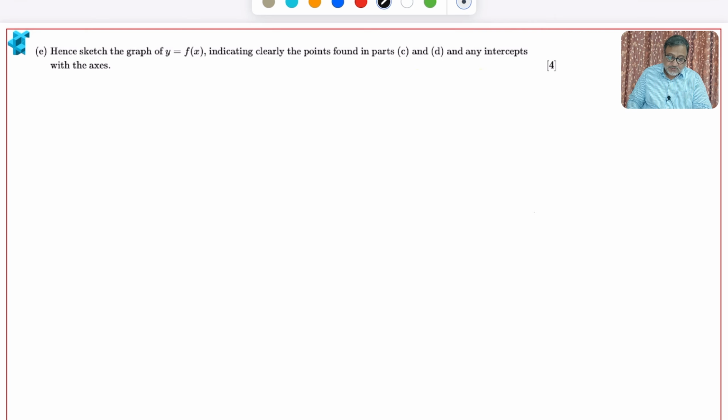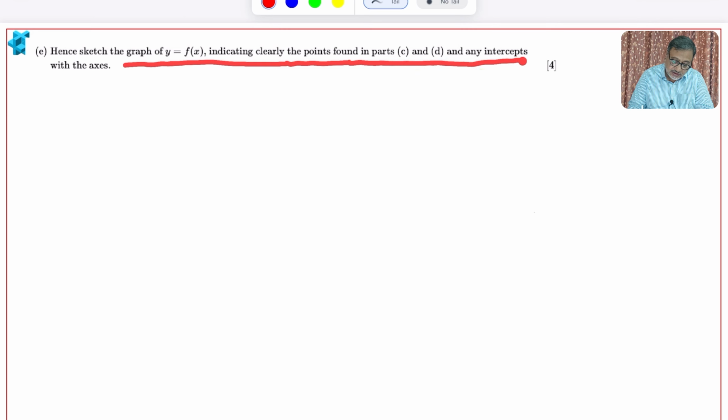Okay. Next, part E says, this is a long question, hence sketch the graph of y is equal to f of x, indicating clearly the points found in part C and D and any intercepts with the axes. Okay. Now for the intercepts, what we will do?